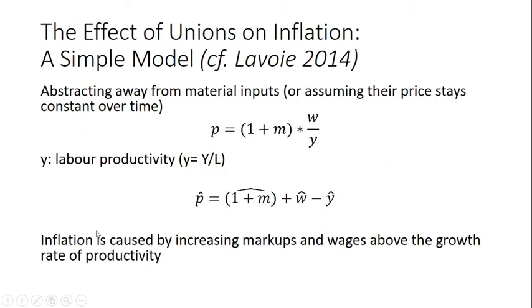So the inflation given this setup is caused by either increasing markups, so firms perhaps getting less competitive in a more oligopolistic market and so on, increased wages due to union pressure and so on, or decreased labor productivity, which doesn't really happen, right, given technological change.